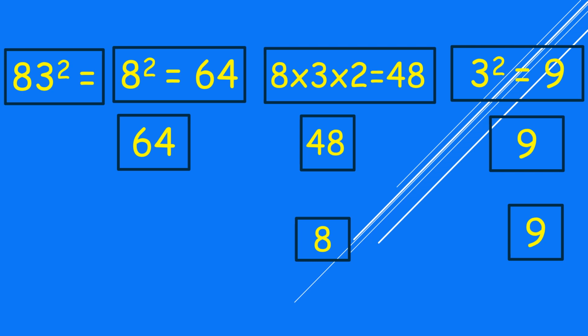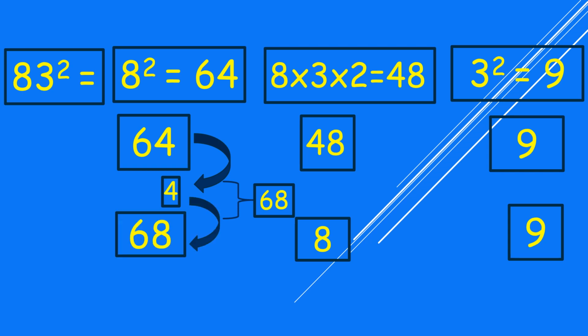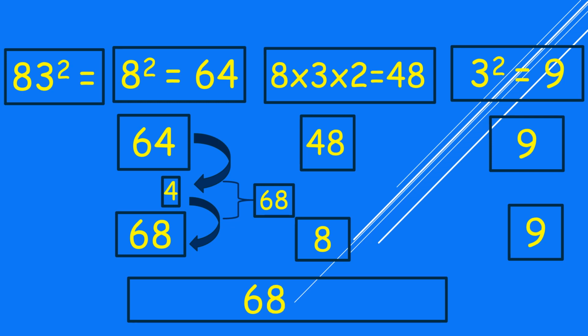Our first term is 64, so 64 plus 4 is 68. So 83 squared is 6889. We combine the 68 from the first term, the 8 from the middle term, and the 9 from the third term. Thank you very much.